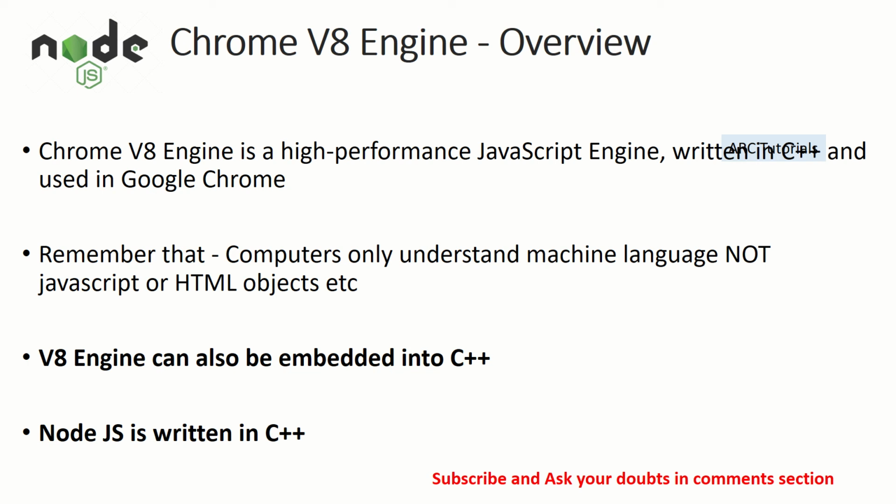So you can write browser level code using Node, and using V8, you can go to the machine level as well. And that's what makes it extremely powerful. Some people think that Node.js is used only for writing web applications, which is not correct. It's only a part of it, but there are higher things that we can achieve at machine level using C++ and V8 engine and Node together.